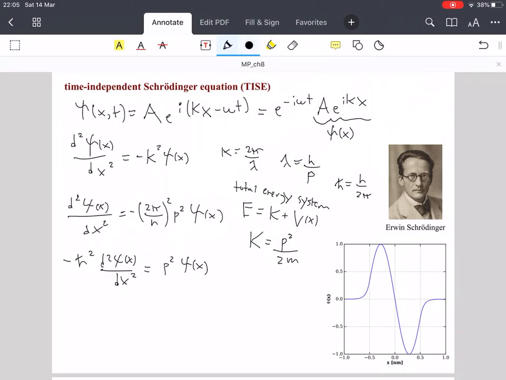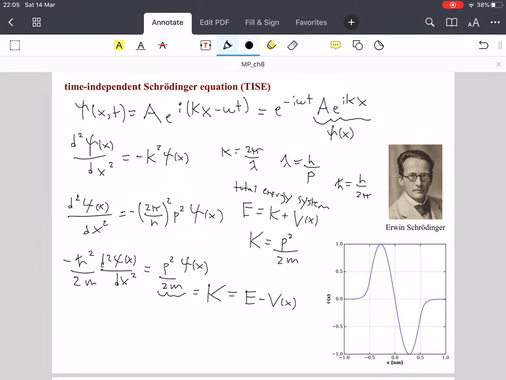So if we return to this equation, and we notice that if we divide the p squared by 2m, you get the kinetic energy. So we have to do that on both sides of the equation. And we can now substitute that. That is equal to the kinetic energy, which is equal to E minus V.